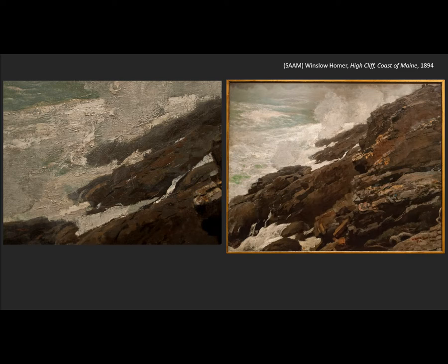In these two inlets here and here, you can see that the paint's the last thing to go down. He's bringing the paint up into the area here, as if it were actually the wave and the water itself moving across the rocks. There's a back and forth in how the paint is laid down.